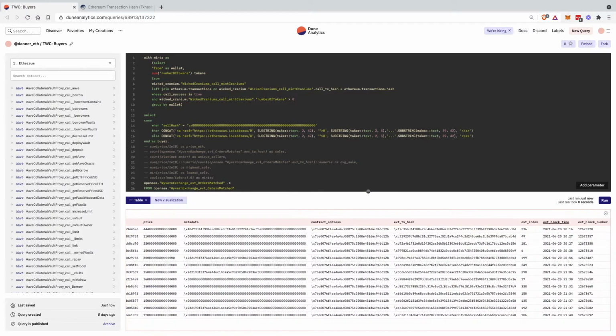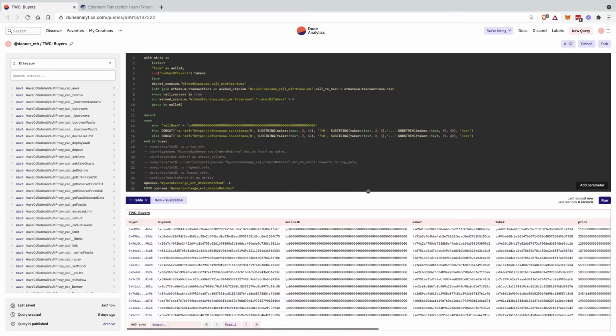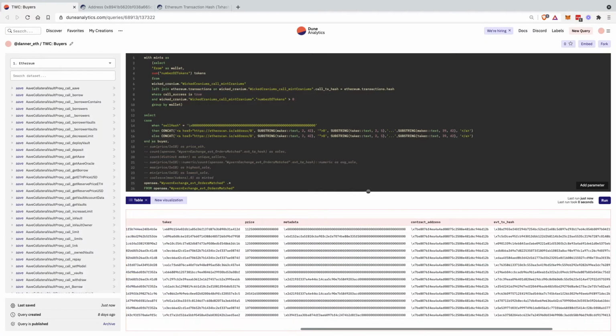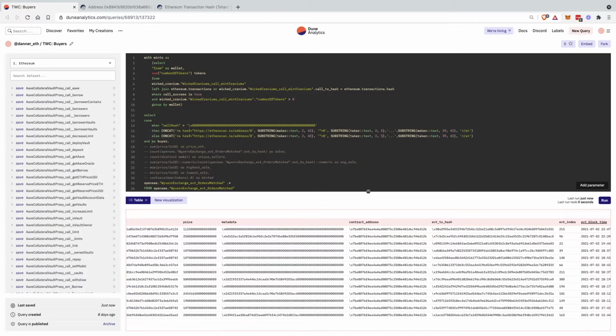I'm going to order by these and say that we expect this one to be a buyer. And let's go look at that. Hash ending in 031.